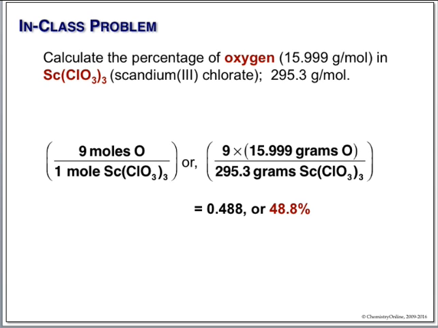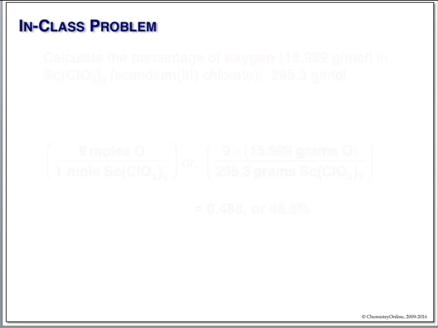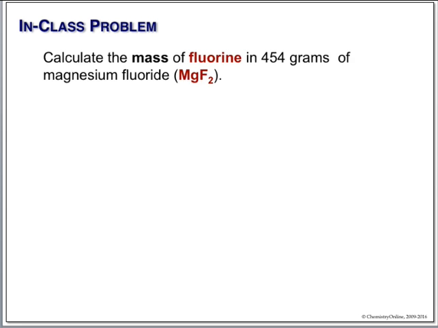Let's do this just slightly differently. Just solve for something different. What if I tell you I have 454 grams of magnesium fluoride? How many grams of fluorine are in there? Well, for magnesium fluoride, we can go to our periodic table and simply come up with a molar mass, can't we?